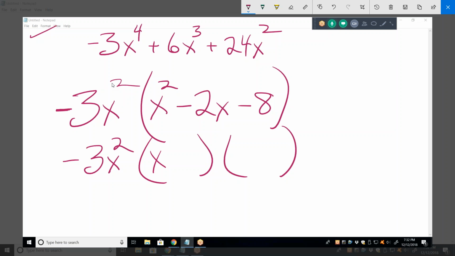You're trying to figure out the first factor all by itself. That's not the way to do it. You're going to do both at once. So the first step is to split up the x squareds into an x times an x. The second step is to figure out both signs. And I know what both signs are because you can't produce a negative 8 unless the signs are different.